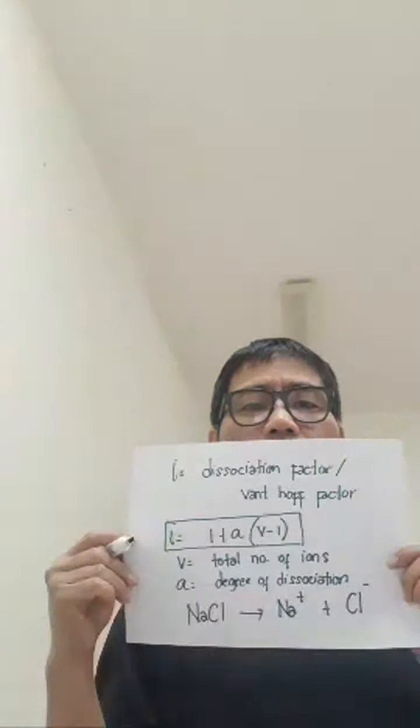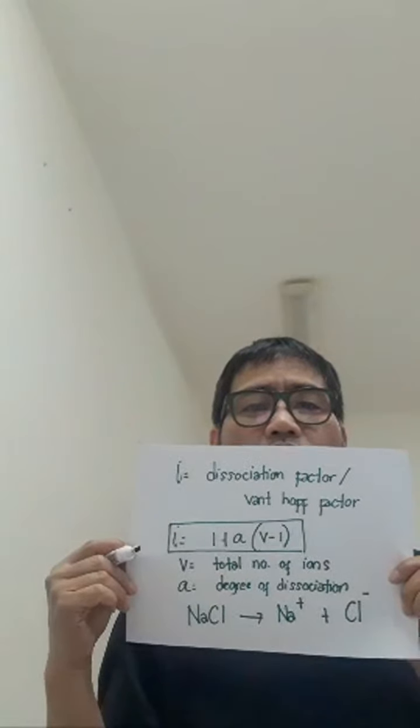So sodium chloride is equal to sodium positive 1 plus chloride negative 1. This is our dissociation.